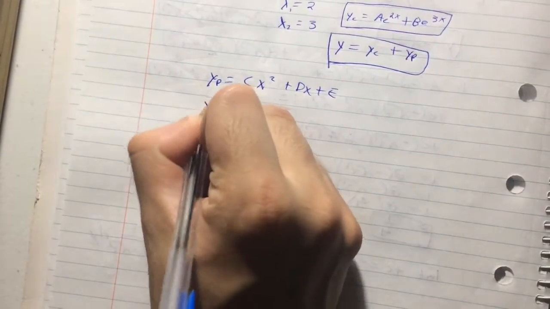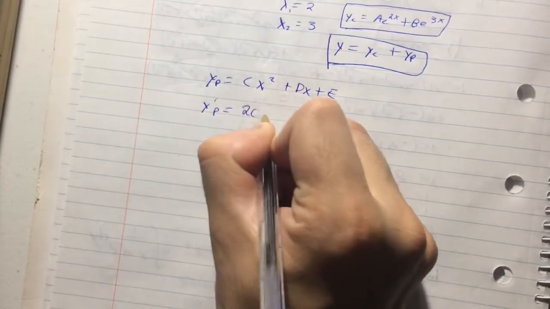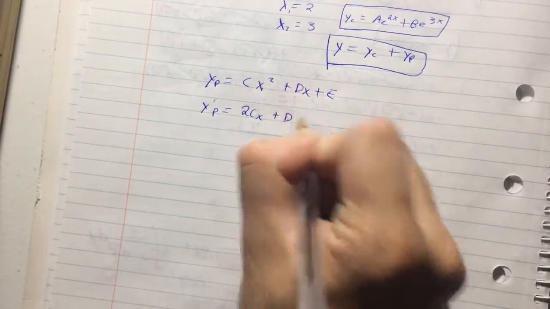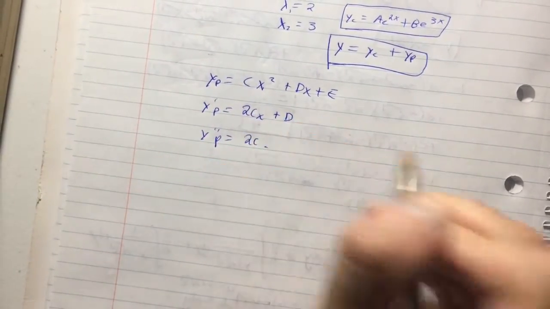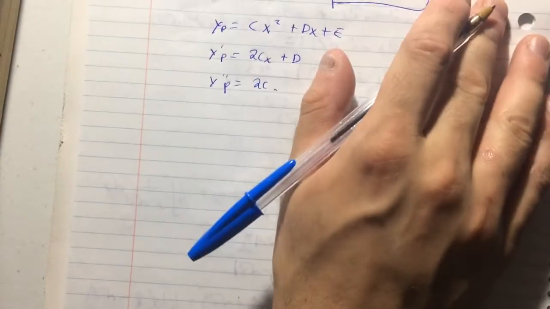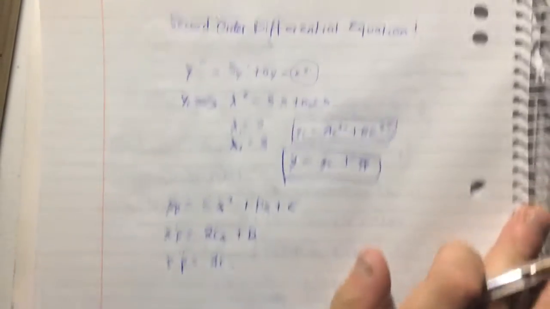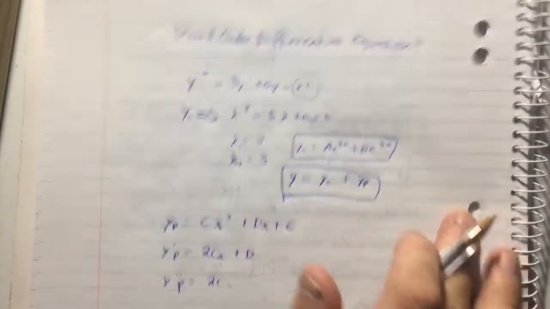So what I do now is I take the derivative of this, and I'll explain why I'm doing derivatives in a second, and then I take the derivative again, which is just 2c. The reason is that I have to sub this into my original differential equation. So whatever y double dash of p is, it's going to go where y double dash is, and y dash of p is going to go where y dash is.